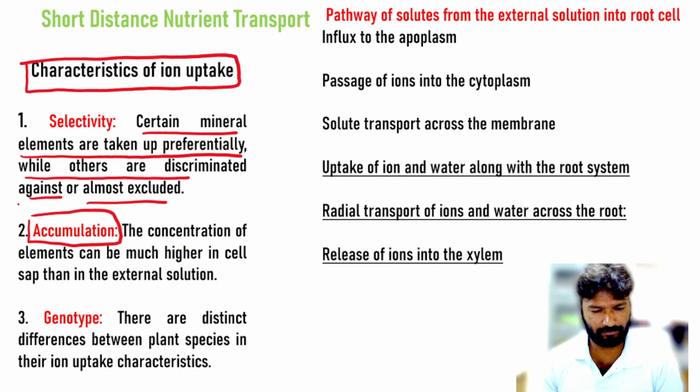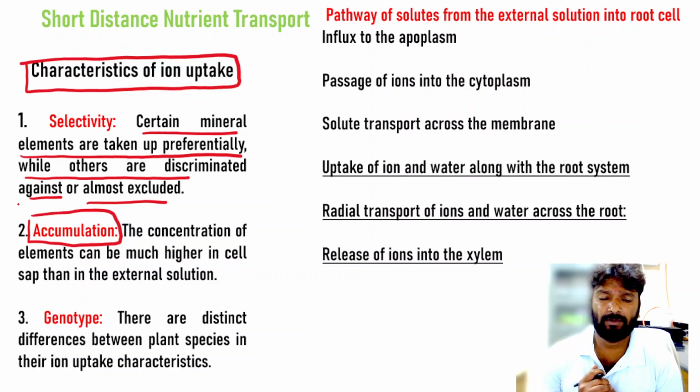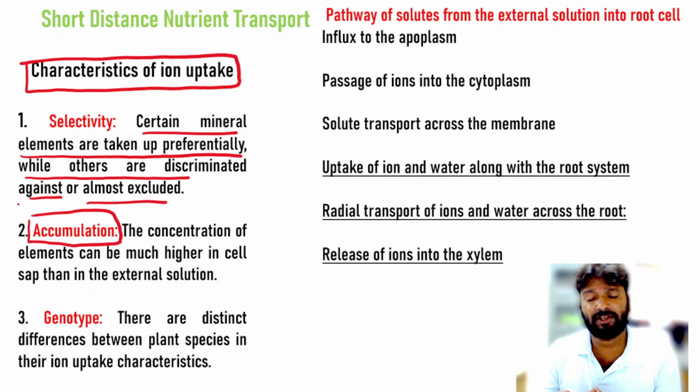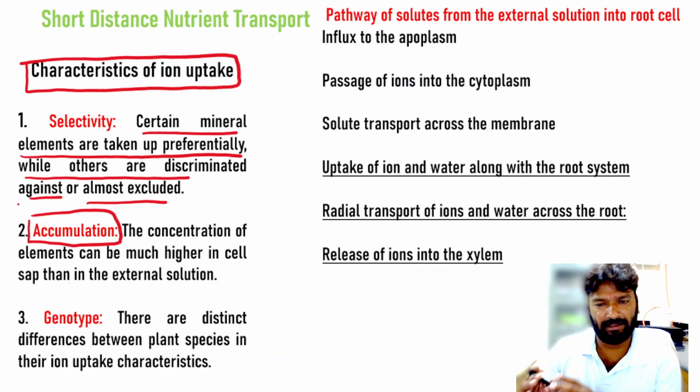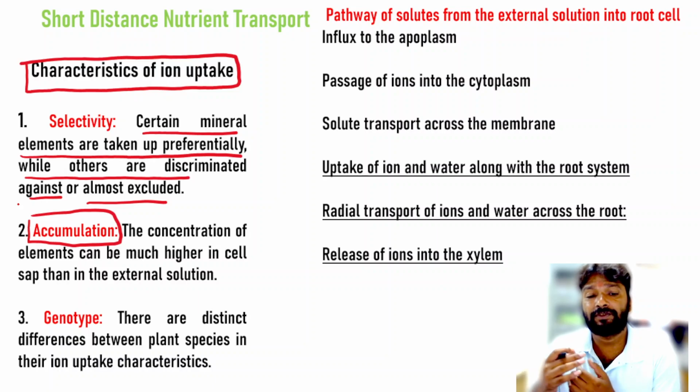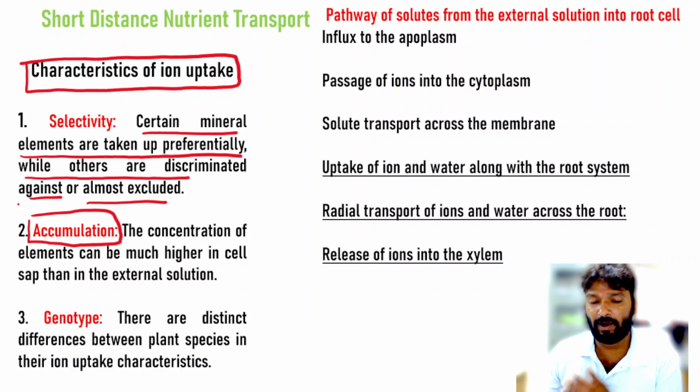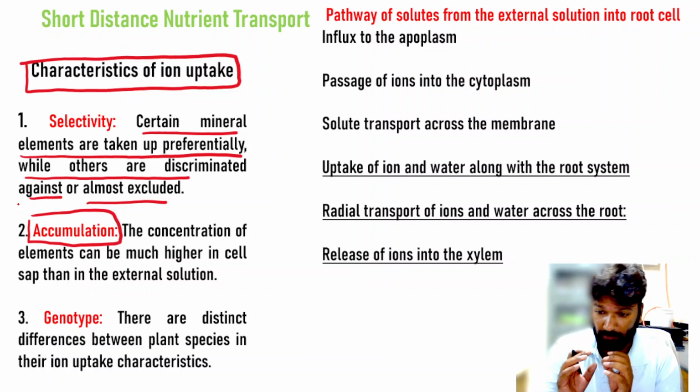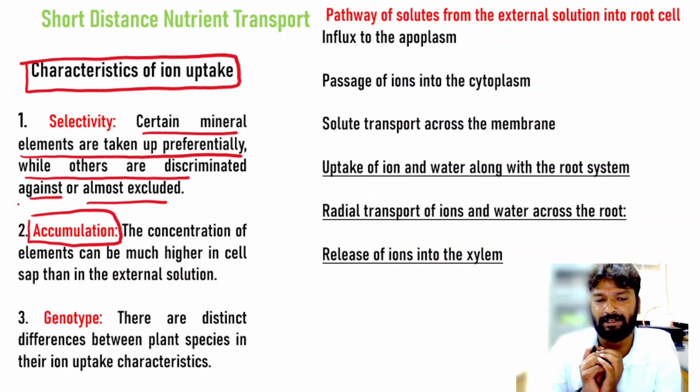Second point is accumulation. So what is accumulation? Accumulation means the concentration of different ions also varies in the plant cells. Some nutrients are required in higher concentration, while some nutrients are required in lower concentration.